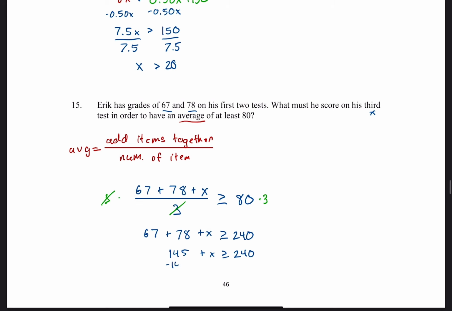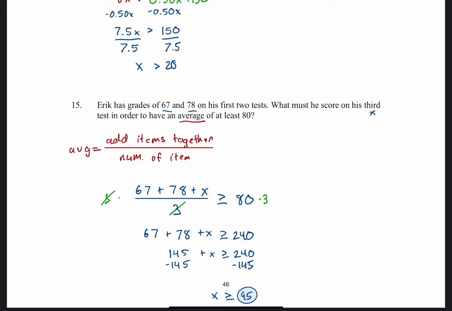And lastly, subtracting 145 from both sides, we find that x is greater than or equal to 95. So Eric needs to get at least a 95 on that last test in order to average at least an 80.